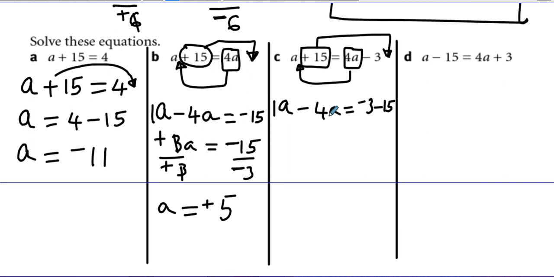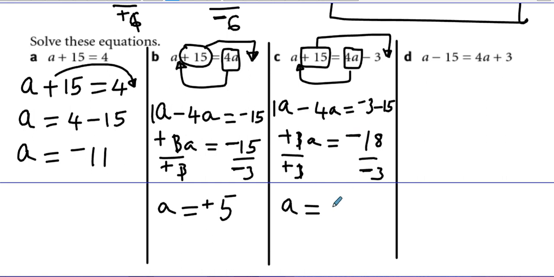So 1a minus 4a will be negative 3a. Negative 3 minus 15, that will be negative 18. So to find the value of a, divide by negative 3 on both sides, and this becomes positive, then 3 will cancel. So a equals, negative divided by negative is positive, 18 divided by 3, the answer is 6.